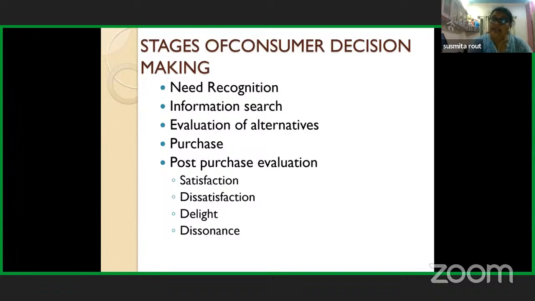And if the actual performance is much higher than the expected performance, you have never expected the product to perform in that way, then that is called consumer delight. Consumer delight is the overwhelming experience of the consumer where the consumer is getting something which he has not expected from any goods or service.